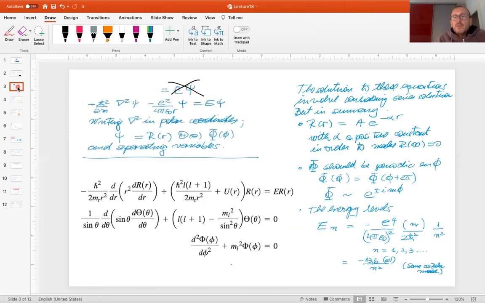So with that boundary condition imposed on this solution, I find that phi of phi plus 2 pi has to be the same. So I know then that the solution is of this form, e to the i m phi, where m should be an integer. Because if it is not an integer, you don't get this condition on top here. So it has to be an integer in order for this thing to work.